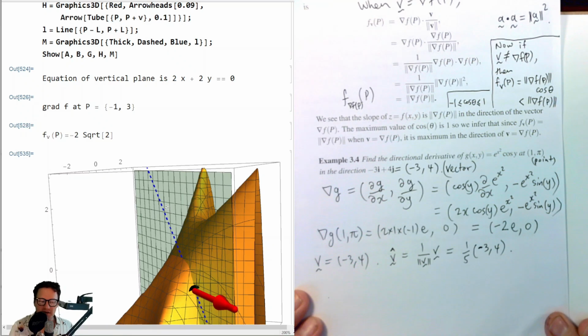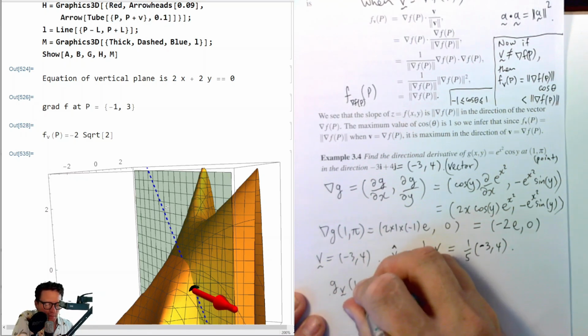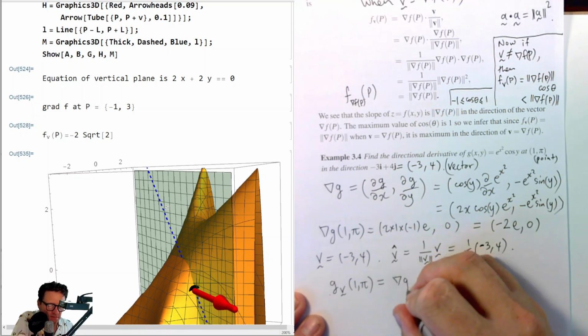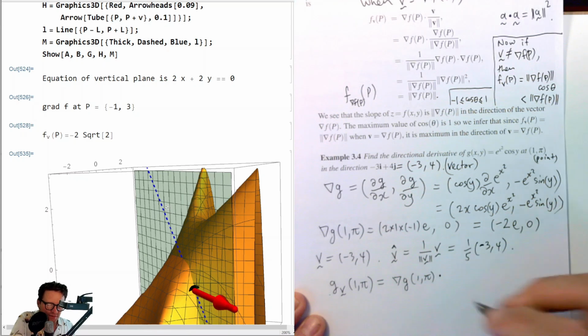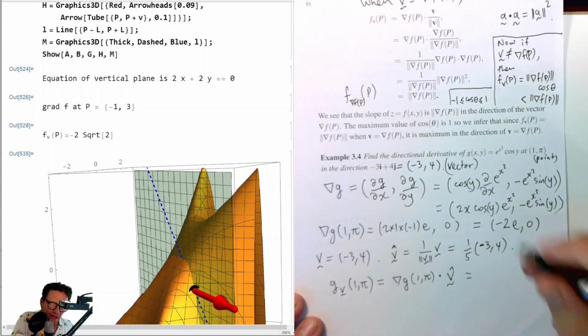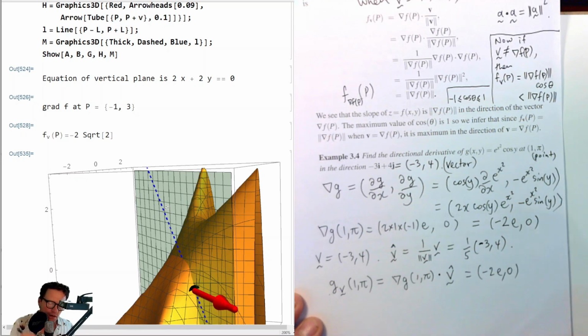Okay. All right, so now taking the directional derivative, so g subscript v at the point 1 comma pi is equal to the dot product of grad g at 1 comma pi with the unit vector v hat. Okay, so we have then that vector minus 2e comma 0, and then we're dotting that with 1/5 minus 3 comma 4.